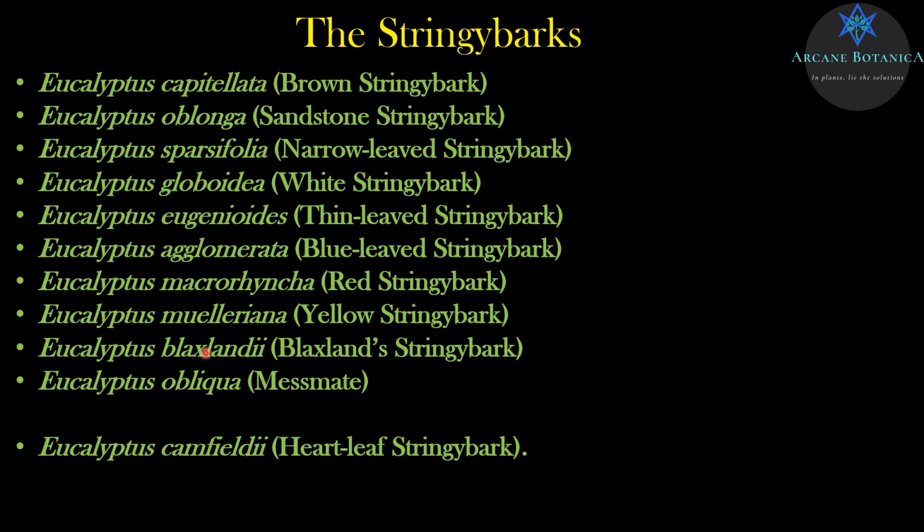Here's the ones I'm going to try and go through. Remember, in this talk I'm only going to go through the first 3 because we're still on the Hawkesbury sandstone country.